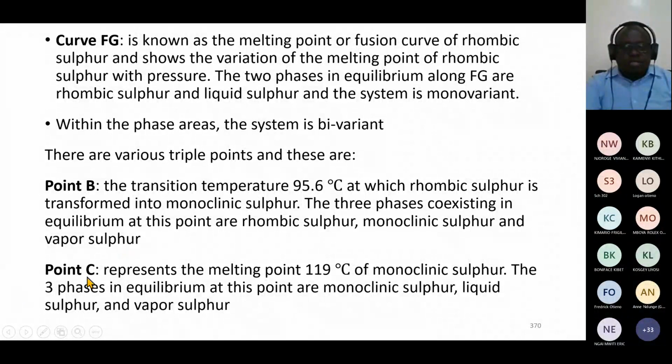Point C represents the melting point, that is 119 degrees Celsius, of monoclinic sulfur. The three phases in equilibrium here are monoclinic sulfur, liquid sulfur, and vapor sulfur.